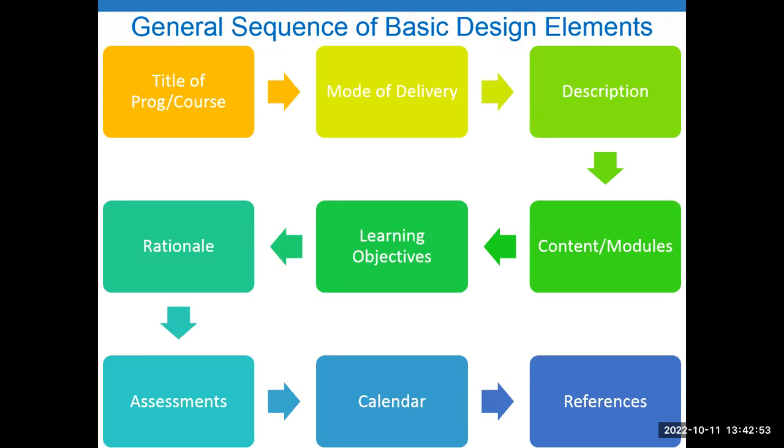One of the important things would be the mode of delivery, whether it's online, face-to-face, or blended. Once it's online or blended, it's more or less the same process, but you're going to have a couple of additional steps. Not that I'm saying you should not go blended or online, but it's an addition to the normal face-to-face course proposal.